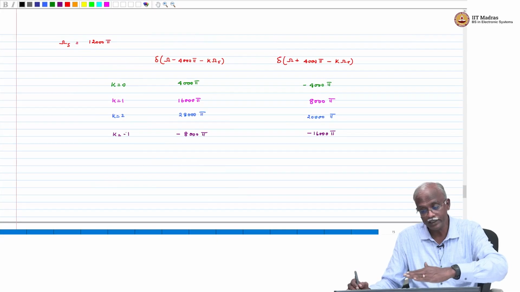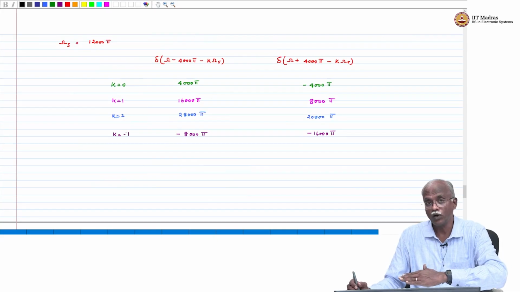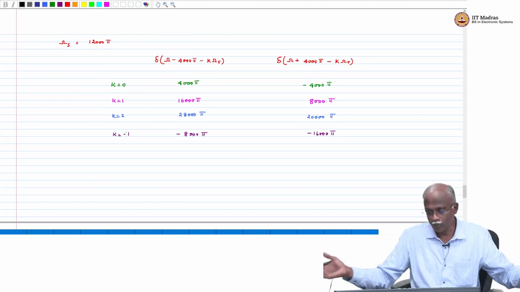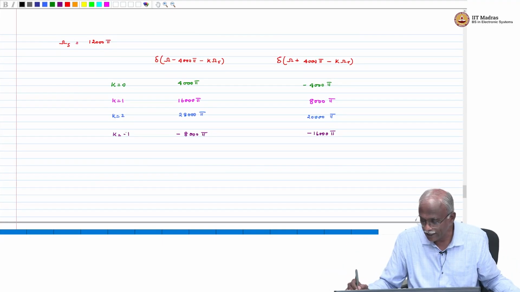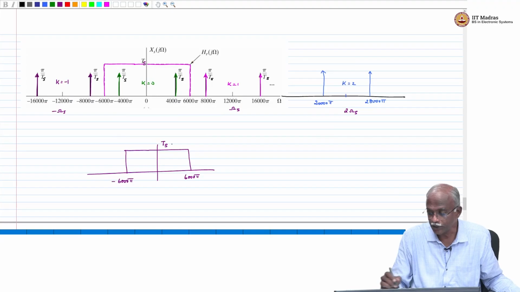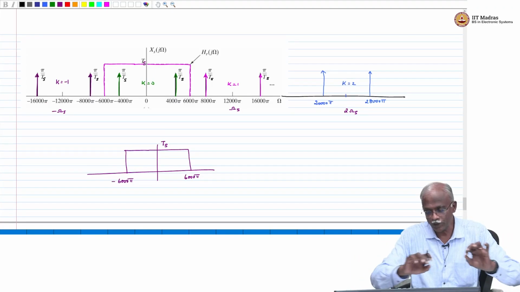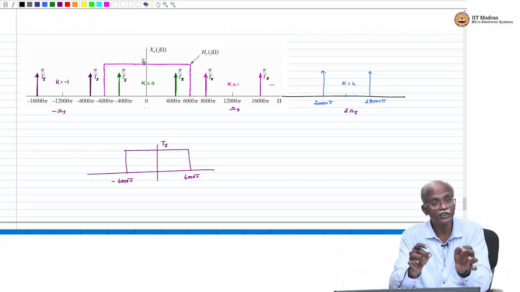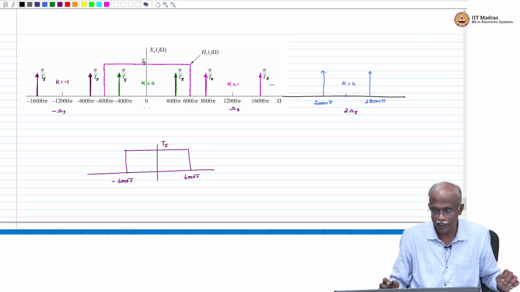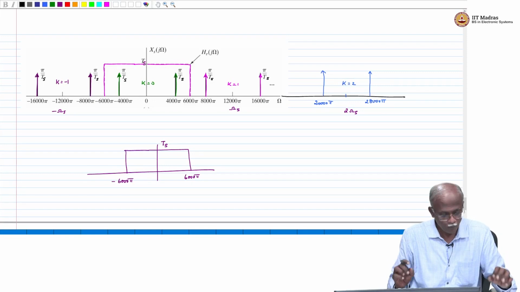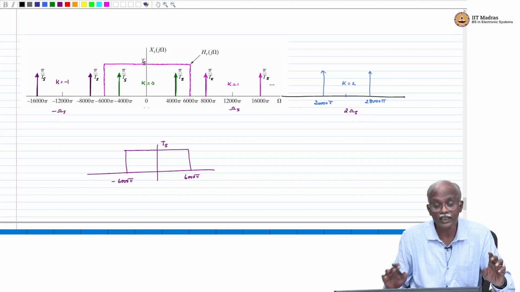This sheet will tell you what all copies you generated, corresponding to k equal to 1, k equal to 2, and all positive and negative values of k. And then finally, what happens when you want to do the reconstruction process? It will remove the unwanted copies and retain the original signal, so you can reconstruct the signal back. So with this, we will stop for today's coverage.